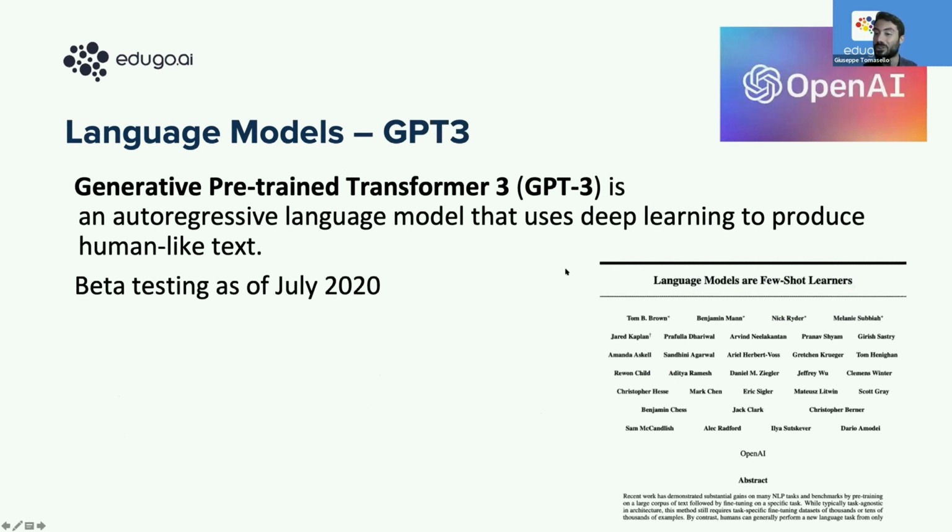I would like to talk about one of the most advanced, probably the most advanced, language models. Remember, language models are just trying to predict the next word in a sequence.